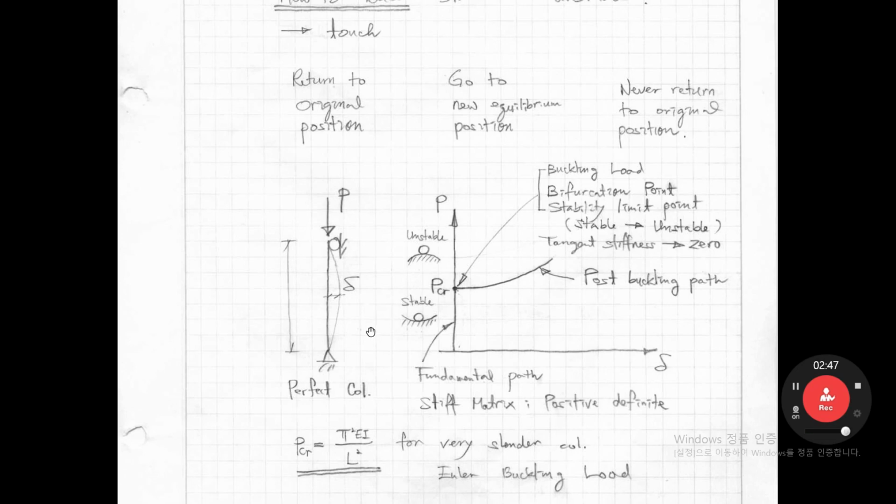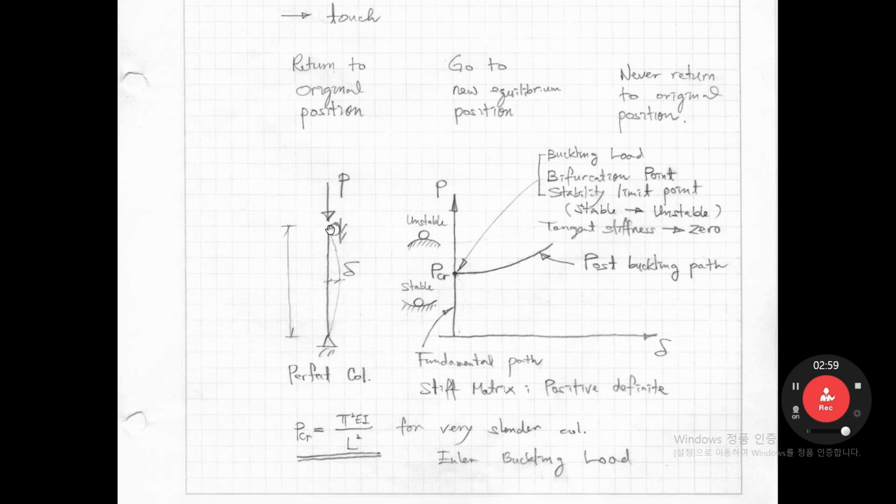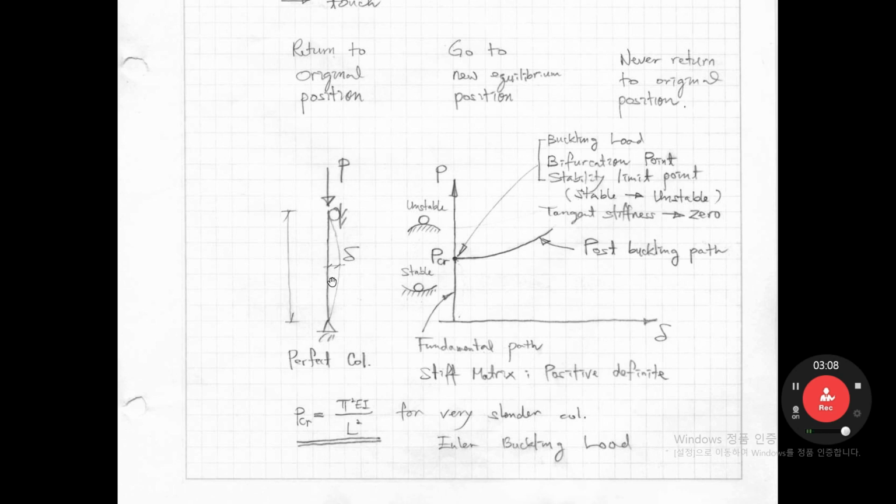If you consider this column subjected to some axial force P here, we consider the ideal column. Ideal column means this member is perfectly straight, and the loading is also applied at the center of the column, then we call it a perfect column.